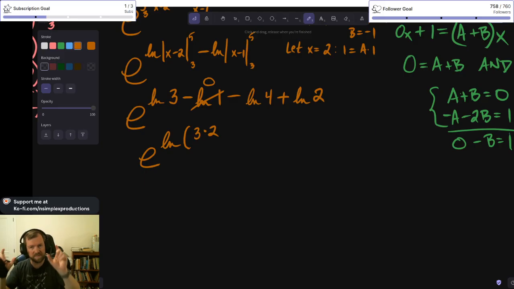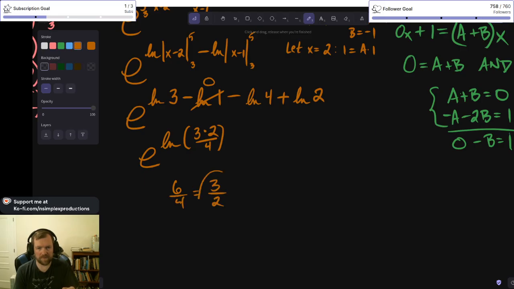The natural logs themselves are exponents, so when we add exponents, we multiply their exponentials. And when we subtract an exponent, we end up dividing its exponential term. So this is then going to be over 4. This is going to have e to the natural log, that goes away. They're inverse operations of each other. So now we just get 6 over 4, which is 3 over 2.